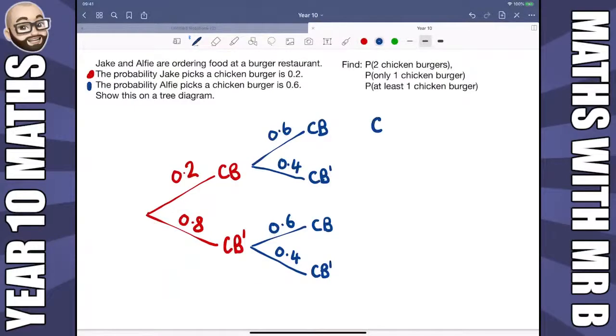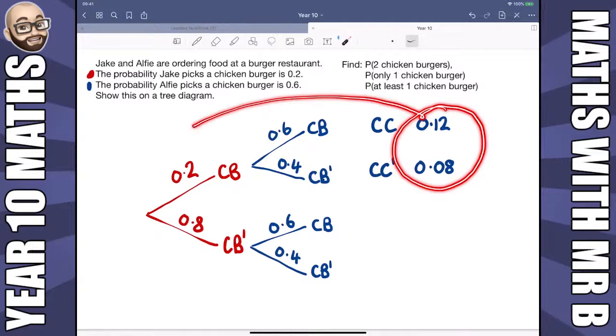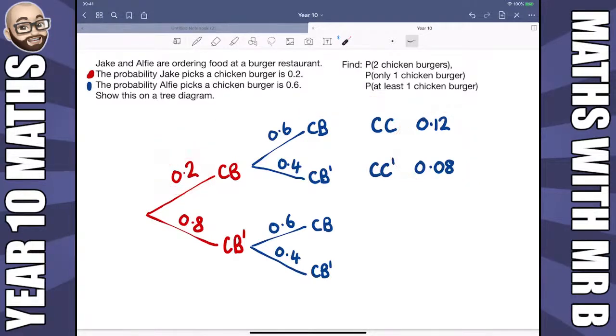So now I could work them out. I'm just going to change them quickly to just C. It's going to save me a bit of time. So the probability they both buy chicken burgers is 0.2 times 0.6, which is 0.12. Or chicken, and then not chicken, it's going to be 0.08. Okay, just remember at this point here, these two numbers actually add up to this number here.